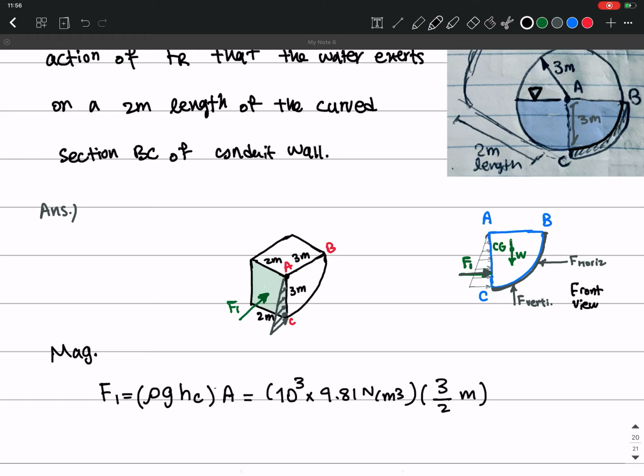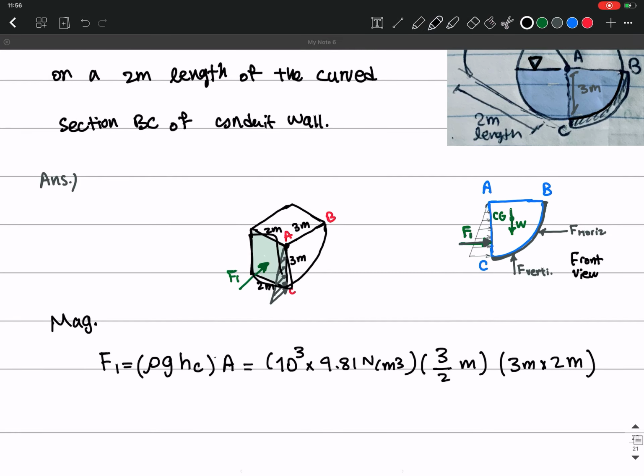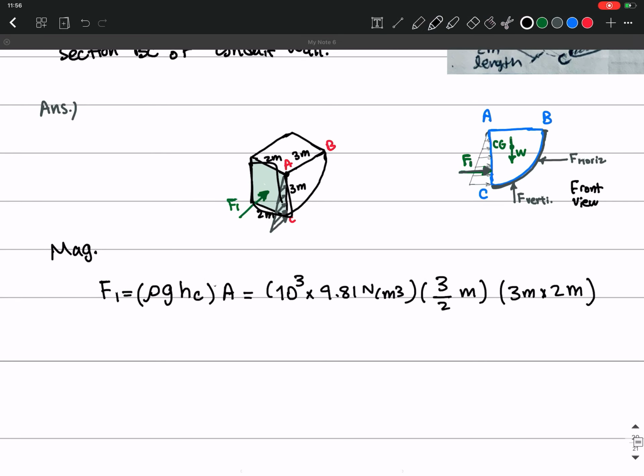And the area is going to be 3 meters times 2 meters, the rectangle we have here. So this is going to give me 88.3 kilonewton.